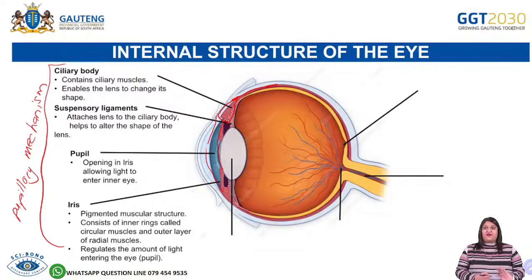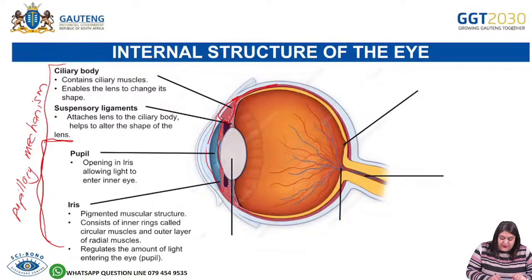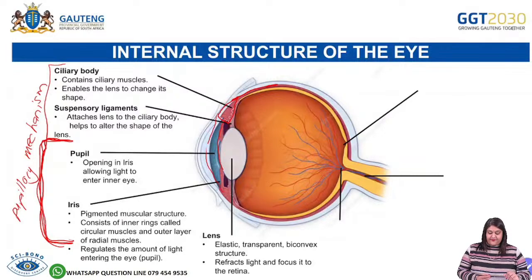So you must remember the pupillary mechanism has got to do with the pupil and the iris. Remember I told you the iris controls the pupil size. The pupil and the iris form part of the pupillary mechanism, and then the lens and the ciliary body.